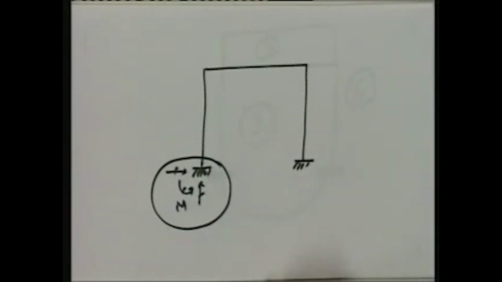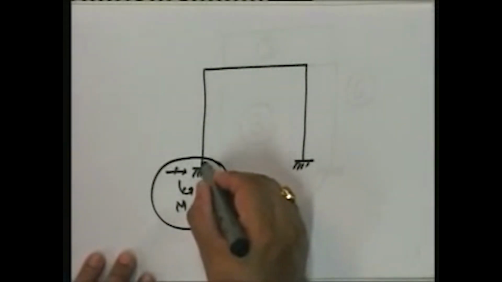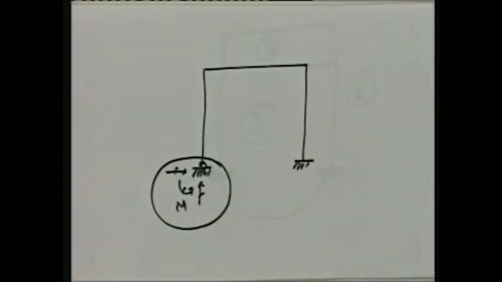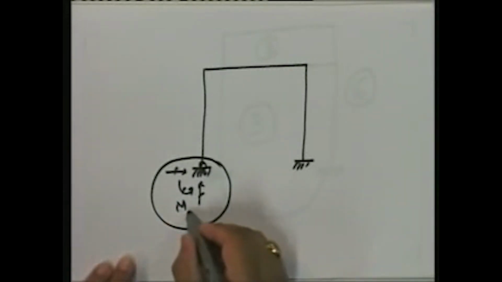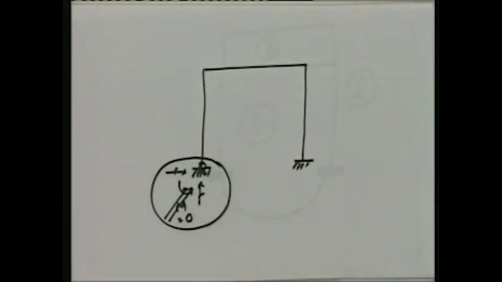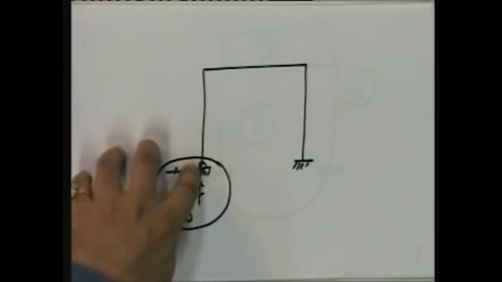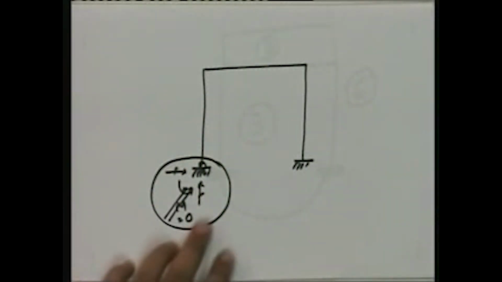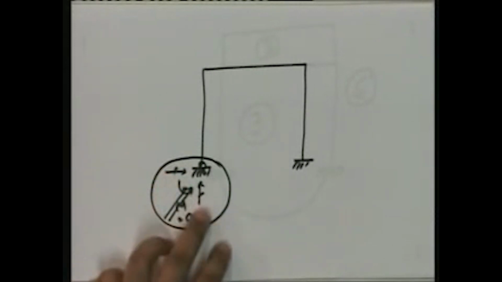Let me now say that I am going to release the restraint against rotation. What happens? When I release the restraint against rotation, M has to disappear because M has to be 0. So as soon as I've taken a fixed end and released its rotational capability, what does it become? It becomes exactly the same as a hinge support.